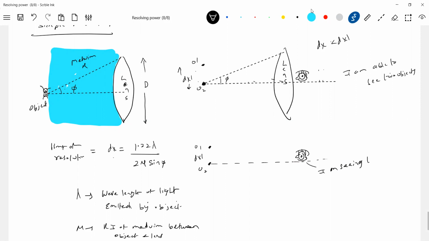I'm seeing one object only. Now tell me, what is the problem here? The eye is having poor resolving power. By keeping the lens open, we are increasing the resolving power.